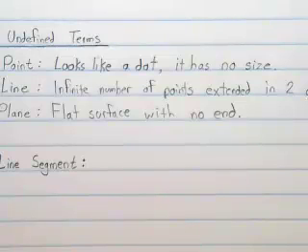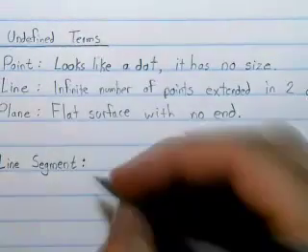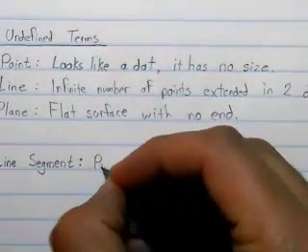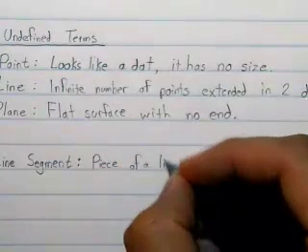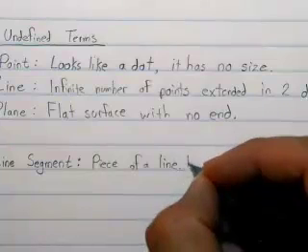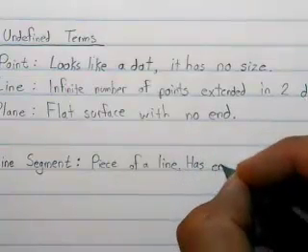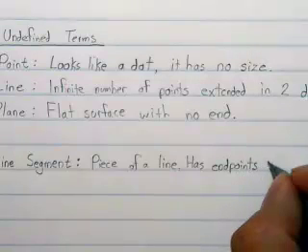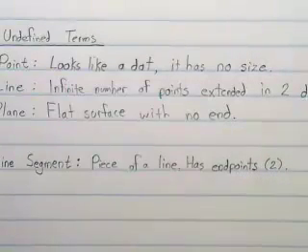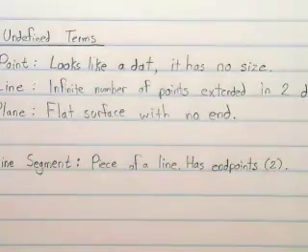It has endpoints on it. That's a line segment. So, line segment, a piece of a line, and has endpoints. It has two of them, a start and a stop. Every line segment does.